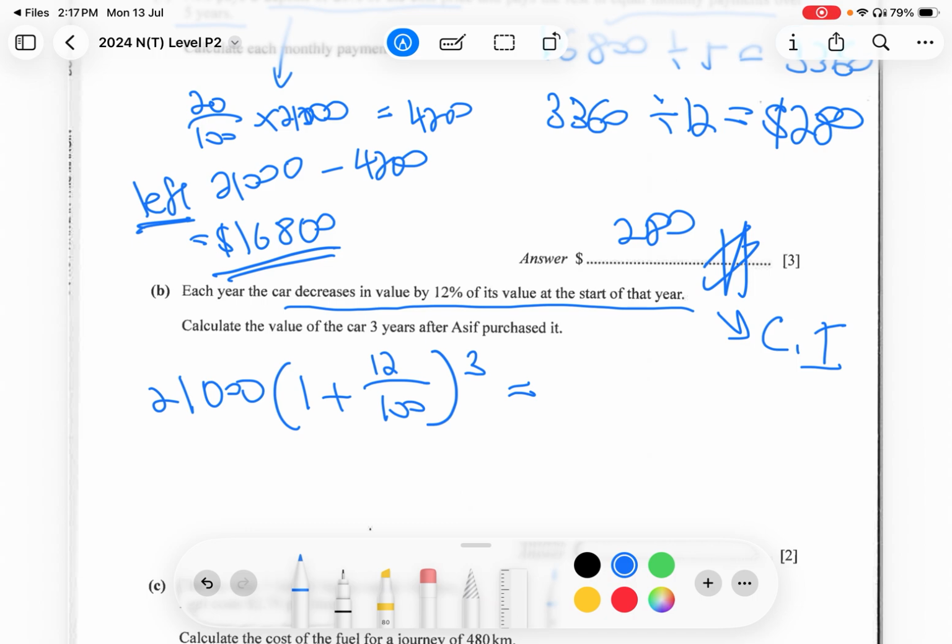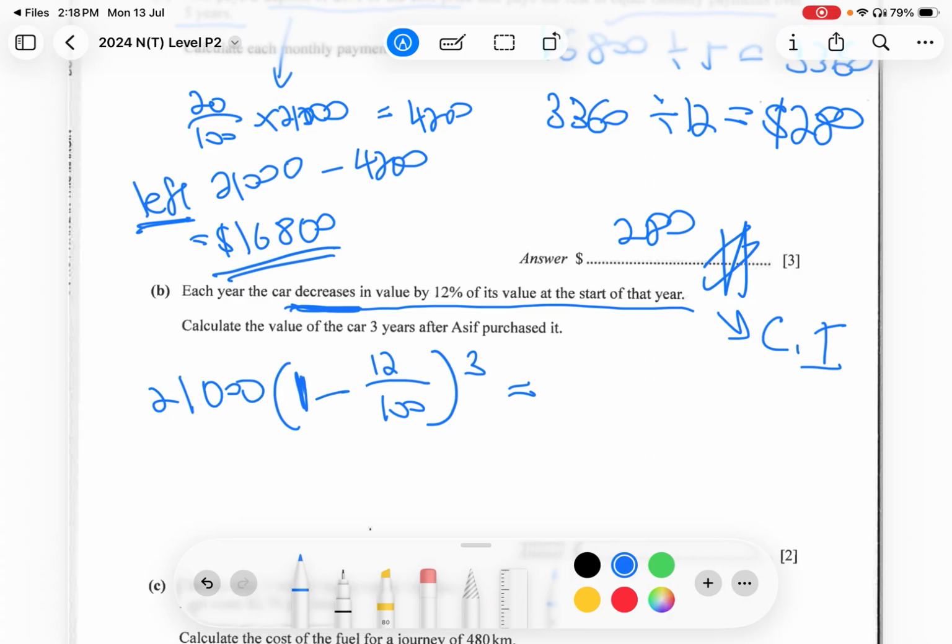Decrease by 12%. Yes, so because this is a decrease, instead of plus, it should be minus.